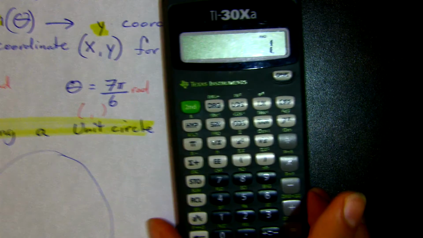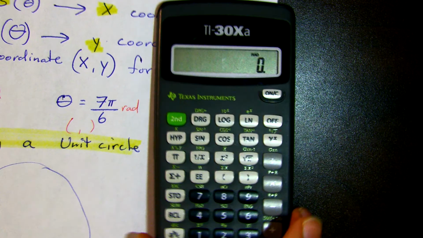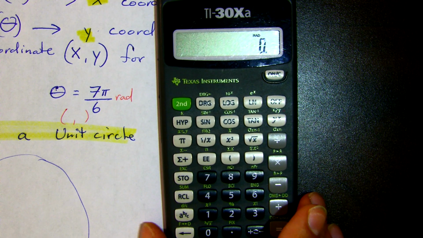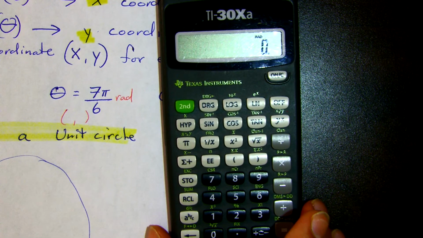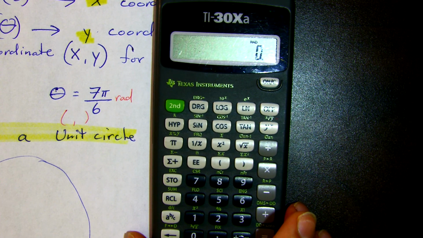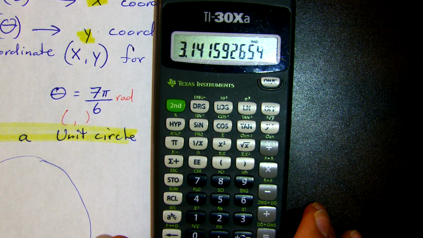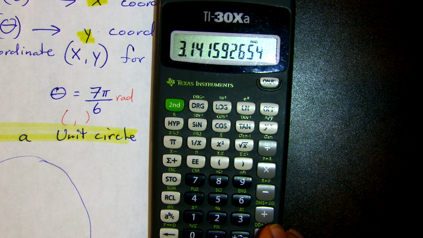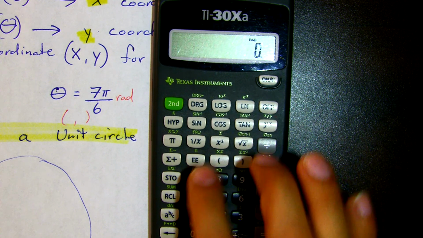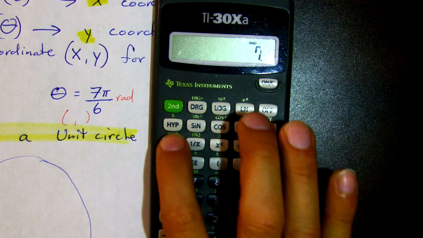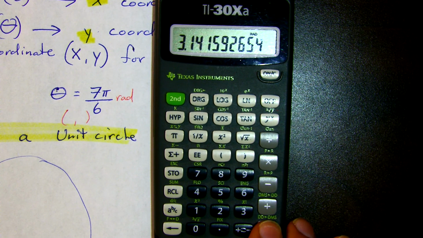All right, let's try it for the next one: 7 pi over 6. Again, if you don't have a calculator, you can do this on your phone. We're in radian mode. 7 times pi, you have to do times for some calculators.